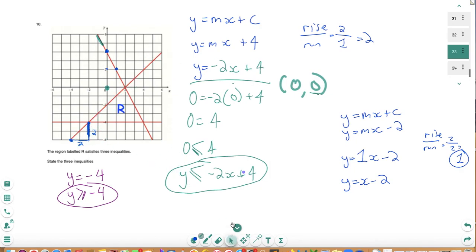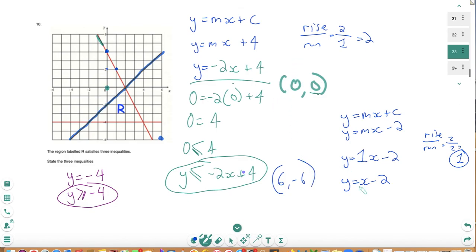Now we have to decide which way our inequality sign is going to go. What we do is choose a coordinate on the side we want. Since we're looking at this line here, and our region is over here, we're going to choose any coordinate in this section here on the side of our region. So let's choose, I don't know, 6, negative 6. Okay, so let's write it down: 6, negative 6.